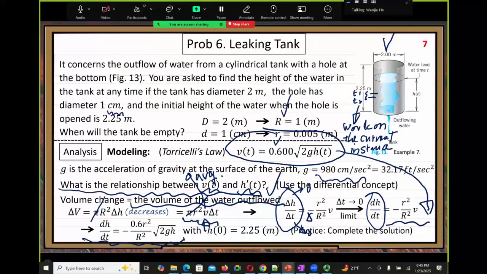But in the textbook there is one thing. In the calculation it converted meters to centimeters, so it still uses centimeters, and little r also uses centimeters.